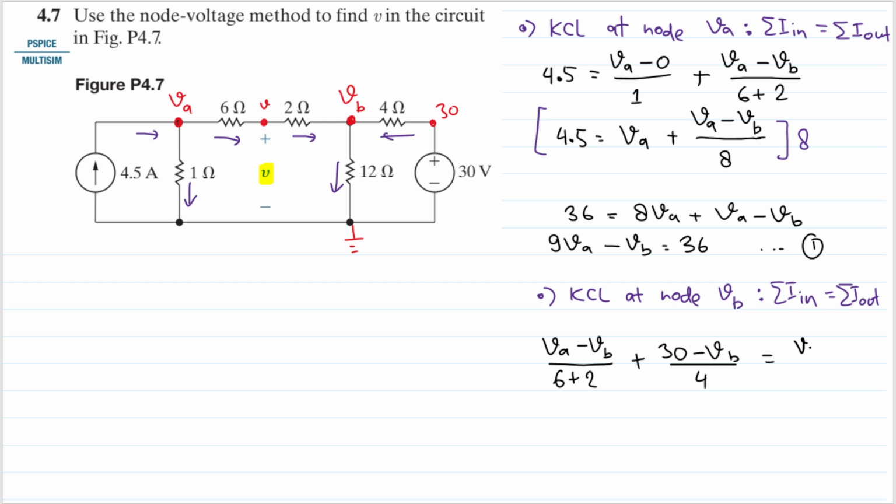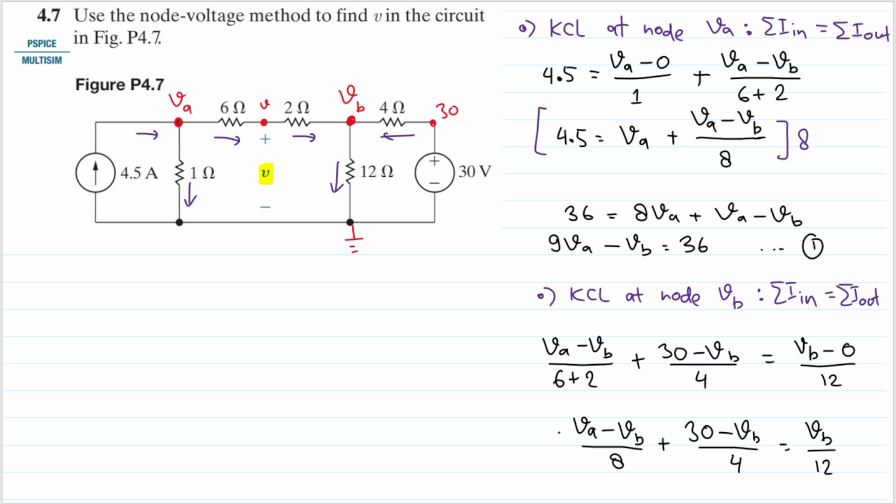And we will have VB minus, this is the ground, so I will have 0, and then divided by 12. Okay, now we will have VA minus VB divided by 8, then plus 30 minus VB divided by 4. And then VB minus 0 is just VB divided by 12.